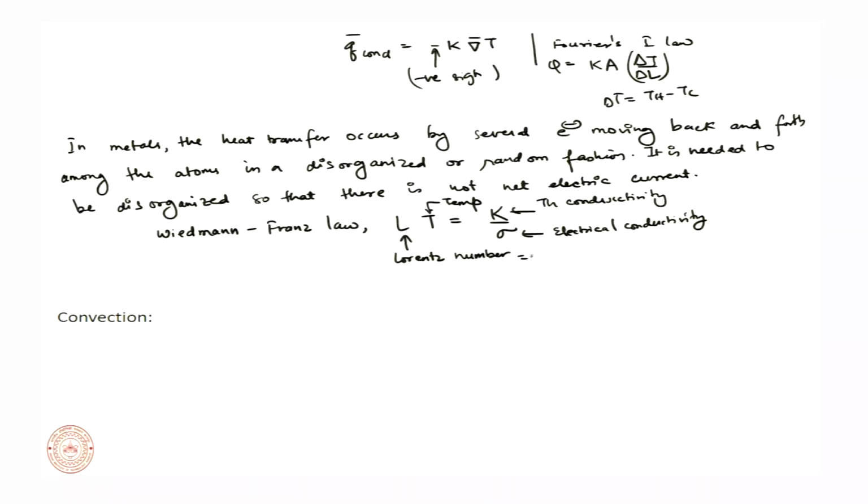Okay, the Lorentz number value is 2.45 times 10 to the power of minus 8 watt ohms per Kelvin squared. So this Lorentz number relates the thermal conductivity to the electrical conductivity at different temperatures.